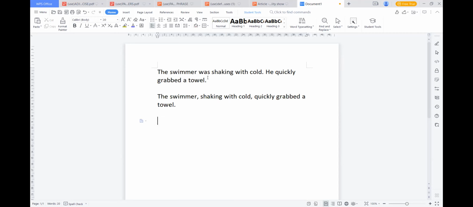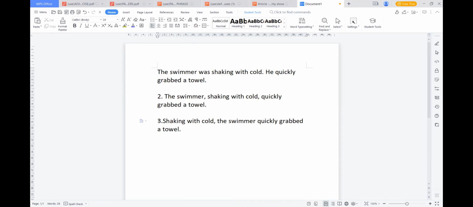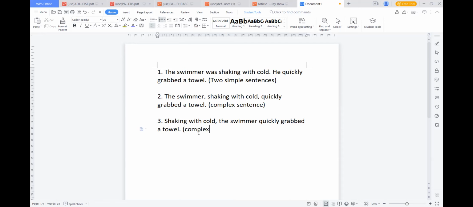Or you can say: Shaking with cold, the swimmer quickly grabbed a towel. The second sentence and the third sentence are the same. The first sentence is called two simple sentences. The second sentence is a complex sentence. And the third one is a complex sentence.